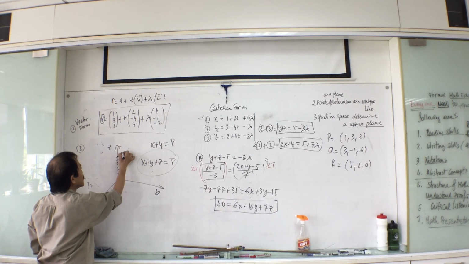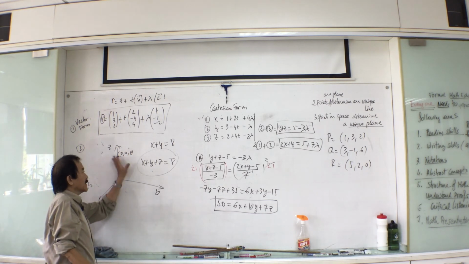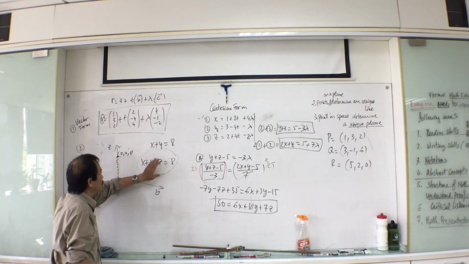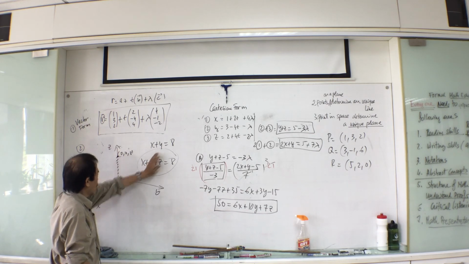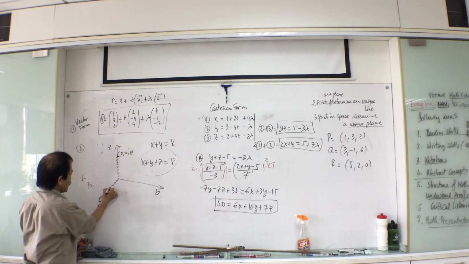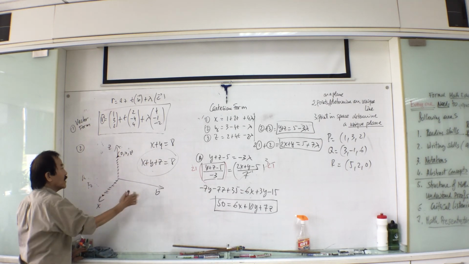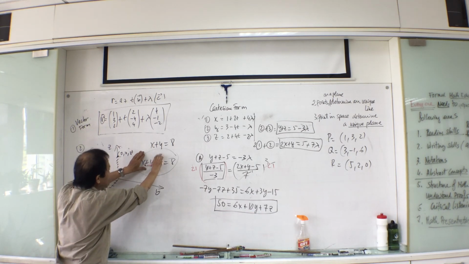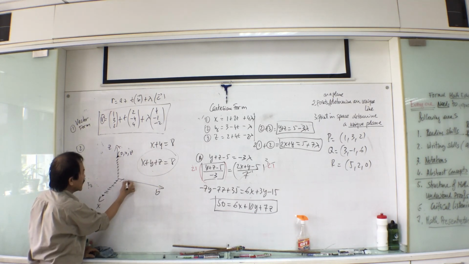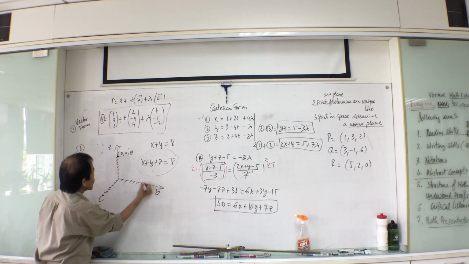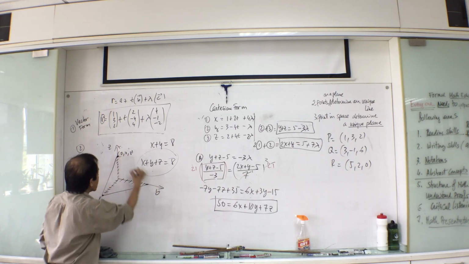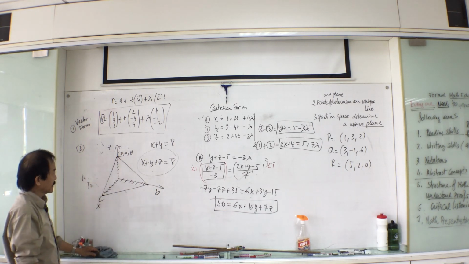So the point here should be 0, 0, 8. If you let z and y equal 0, so x equals 8, 1, 2, 3, 4, 5, 6, 7, 8. And finally, if x and z equal 0, y has to be 8. So now the plane goes through 3 points like this.